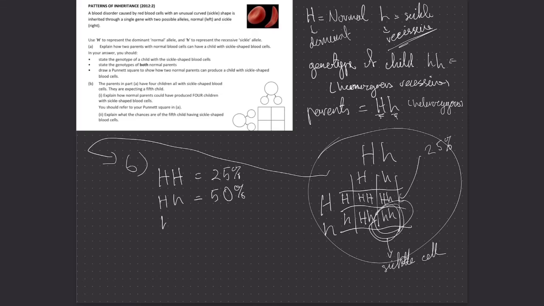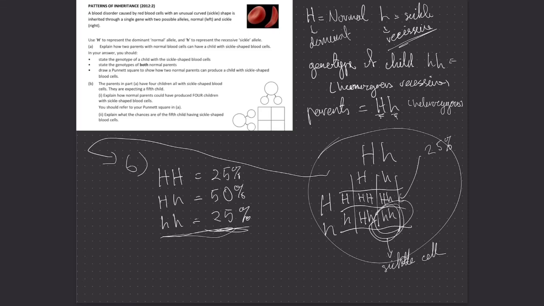And the chance of homozygous recessive, 25%. Okay. So, it says the parents have had 4 children, all with the sickle cell. Okay. How is this possible?